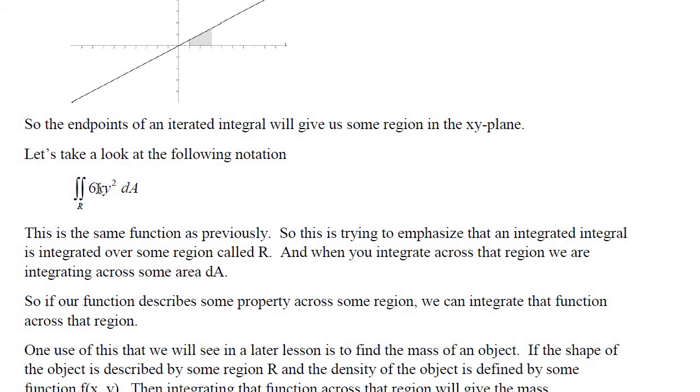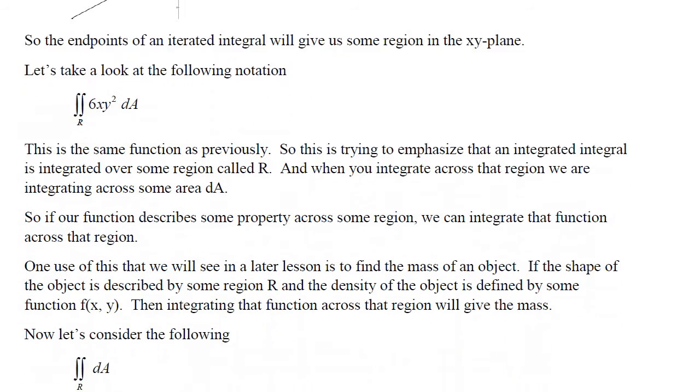Or if this right here represented the height above that area in a third dimension, then when we do the double integral, we've actually calculated a volume. So we can use these double integrals to calculate things like mass, and we can also use it to calculate things like volume.